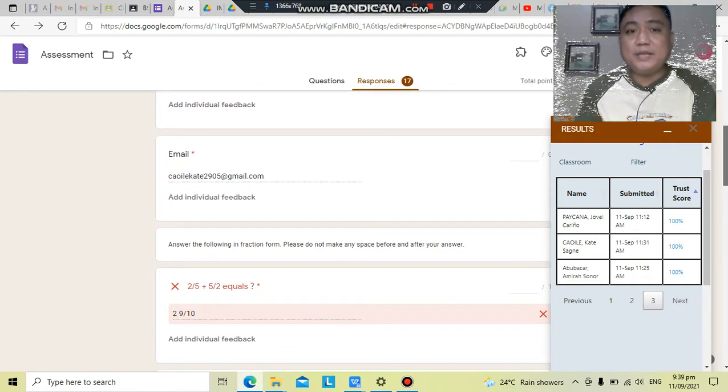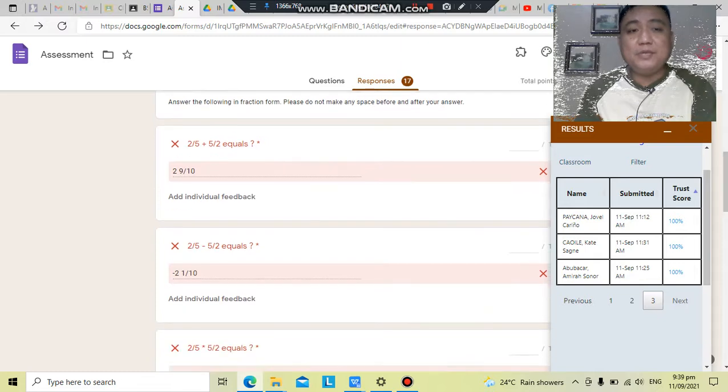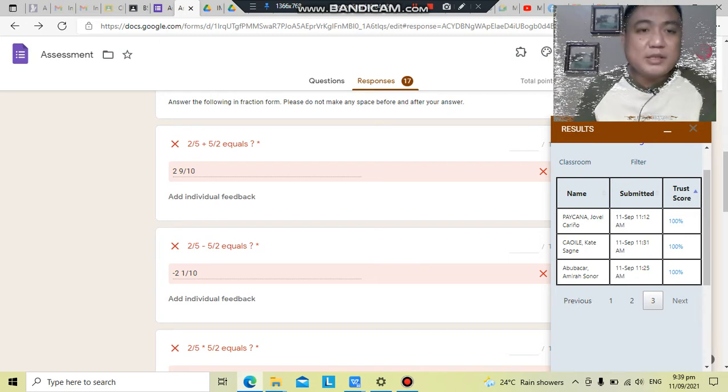So I will repeat again po paano po niya na-compute ang 2/5 plus 5/2. The denominators are not the same, so as much as possible you need to compute for the LCD. The LCD of the two terms is 10.